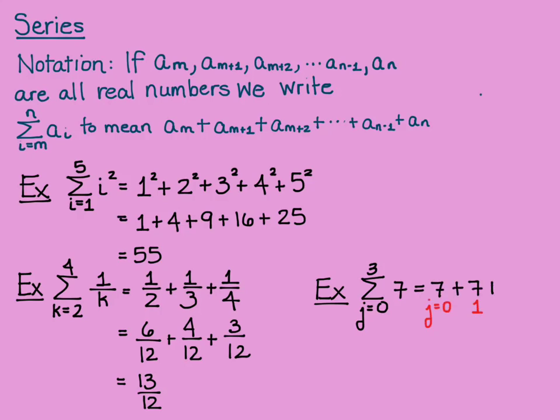So I end up with, when j is 0, the number 7, plus when j is 1, the number 7, plus when j is 2, the number 7, plus when j is 3, the number 7. In other words, I get 7 plus 7 plus 7 plus 7, which ends up to be 28.